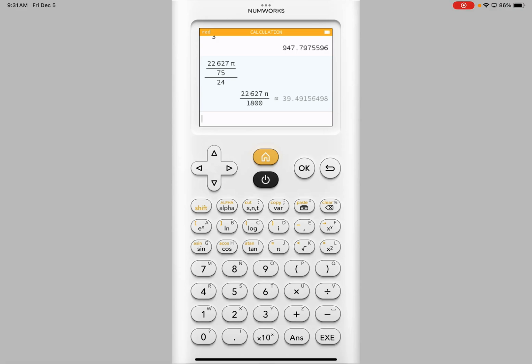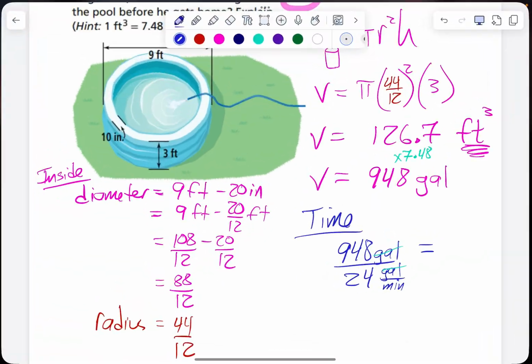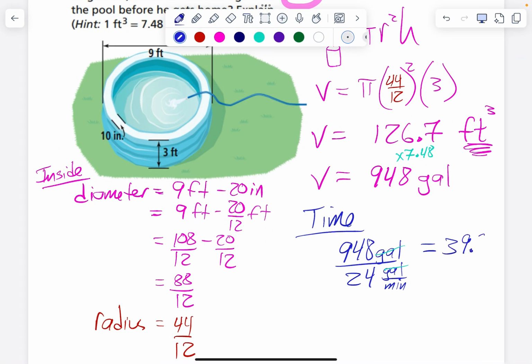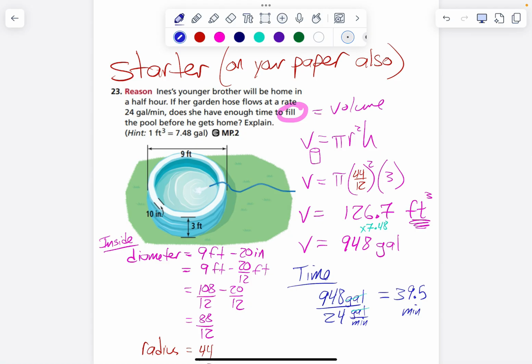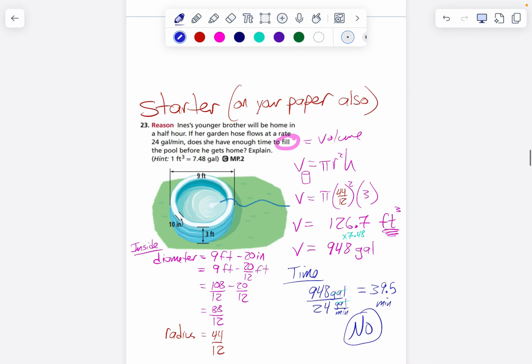And we get 39.5. So will she make it? Nope. But at the flow rate of her hose, she would only have to wait another 10 minutes or so. Maybe she could get her swimsuit on while she's doing that, right? Or him. I guess it's a him that's going to be swimming.